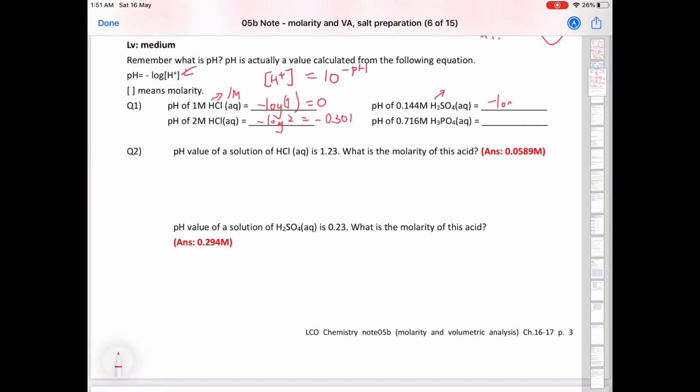So when you are putting into the equation, you have to multiply the concentration in molarity of sulfuric acid by 2. So the answer is negative log 0.288.